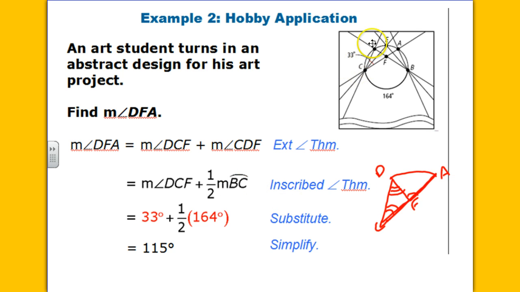So we found that CDF is an inscribed angle, and it must measure 82, half of 164. And then for the measure of DCF, our debate was, is this one 33-degree angle or is it two 33-degree angles? And it's one, and we said if there's going to be two, they would elevate one of these arcs a little bit so that you could see a separation. But now we simply add the two together, and we get the measure 115 degrees.